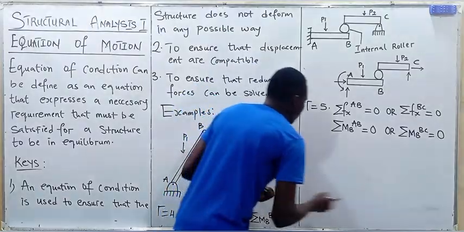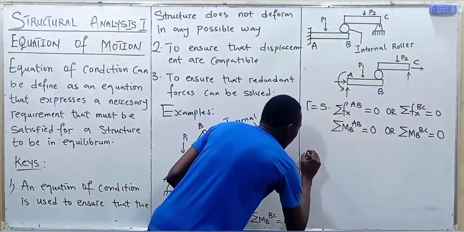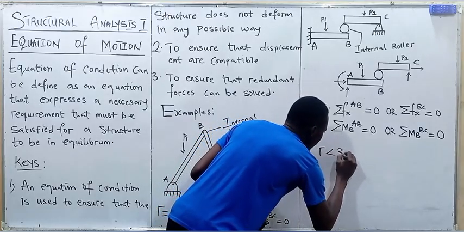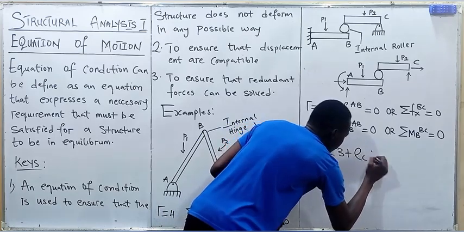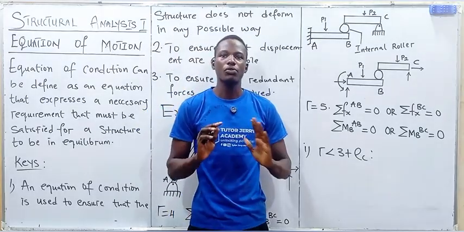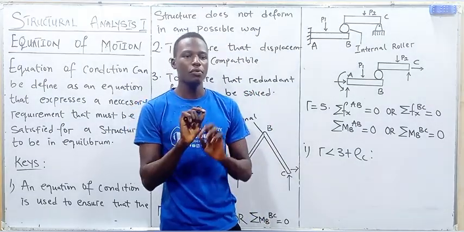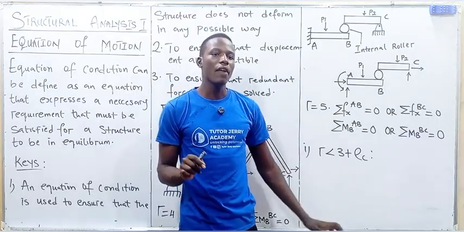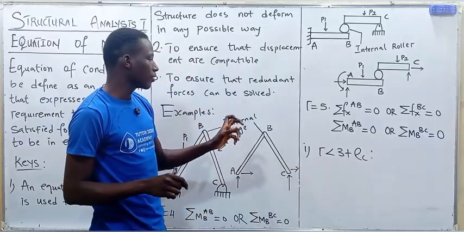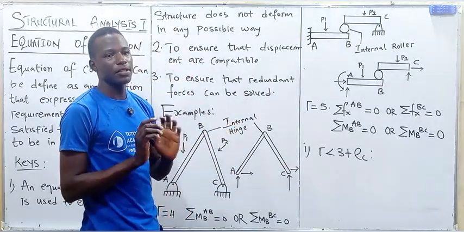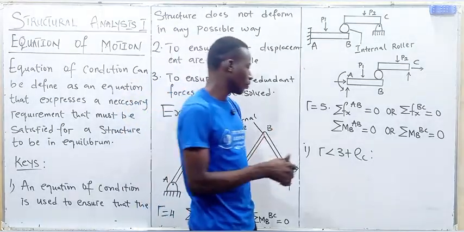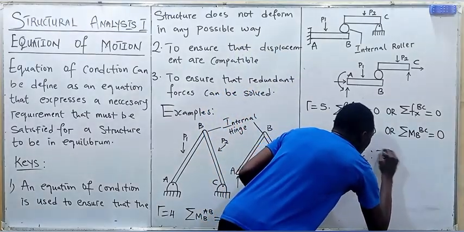So number one, we have R less than 3 plus EC. Now when we have R less than 3 plus EC, it means that the structure is statically unstable externally. When you have a structure that does not have up to 3 reactions, it is statically unstable externally.